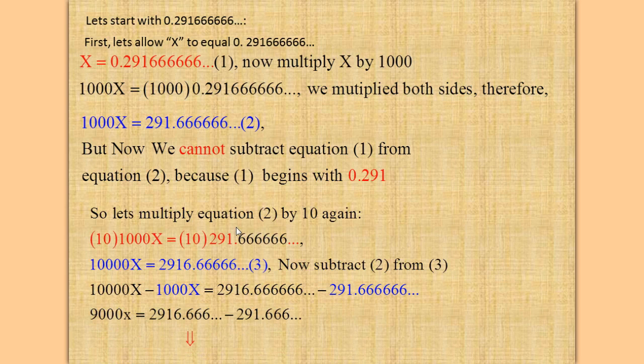Okay. So let's multiply equation 2 by 10. Now we got 1,000 times 10 is 10,000x, and that's equal to 10 times 291.6, which gives us 2916.666. Now we have equation 2 and equation 3 where the repeating decimals are located. So now we can subtract equation 2 from equation 3 to eliminate the repeating decimal.